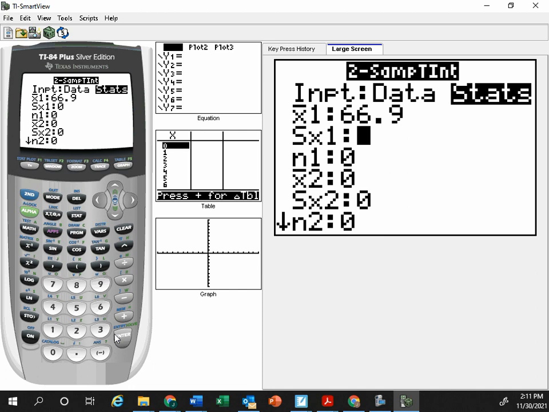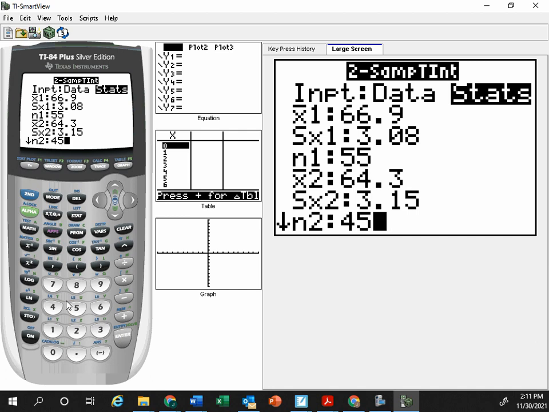And that standard deviation was 3.08. Sample standard deviation, that is. Sample size there was 55. And then the second group, which was 64.3 for the X bar. S of the swimmers was 3.15. Sample size of that group was 45.